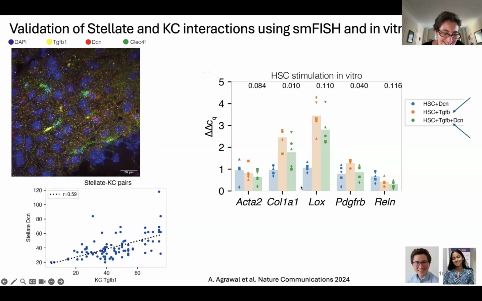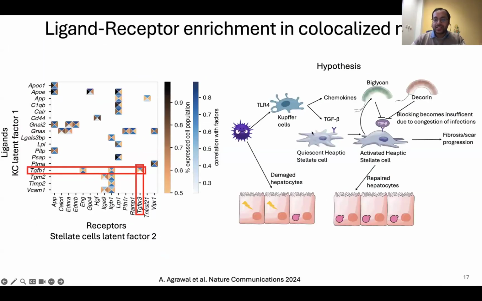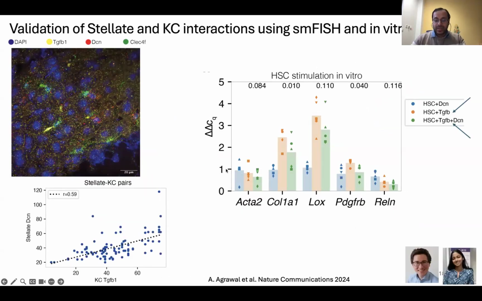So we wanted to test this hypothesis: how the TGF beta concentration and the decorin concentration, which blocks this pathway, how we can understand. So this is an in vitro cell culture experiment performed by my colleagues.